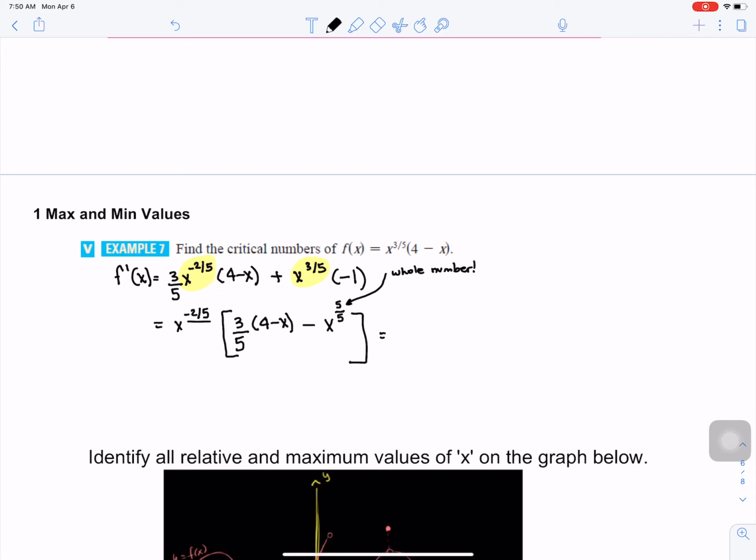Now I'm just going to clean this up. So x to the 2/5 sits on the denominator. I have 12/5 minus 3/5 x minus x. So I'm distributing this out.